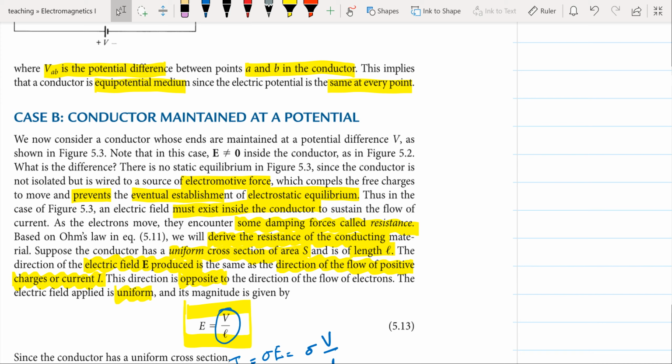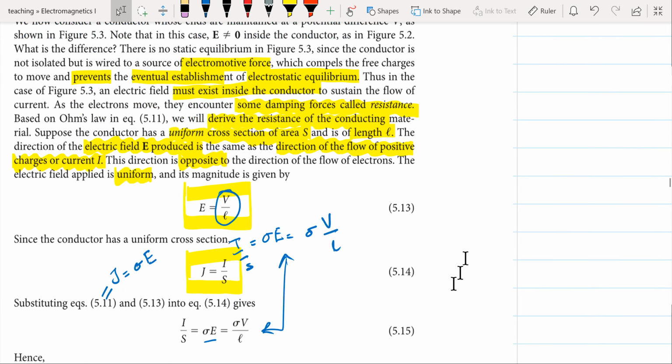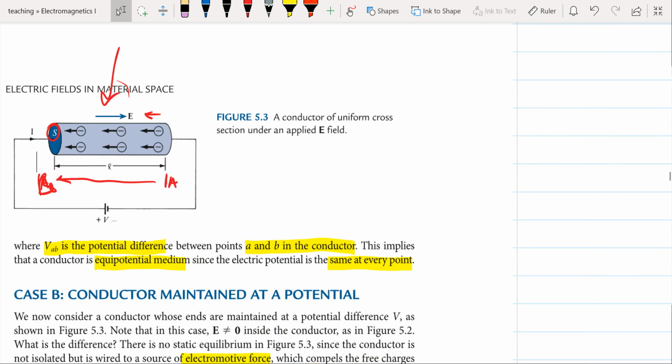This direction is opposite to the direction of electrons, as I have mentioned, and the electric field applied is uniform. And therefore, the magnitude will simply be equal to V, the potential between point A and point B, divided by the length L. That is how we have defined potential in the past.